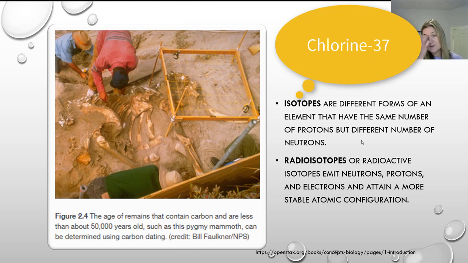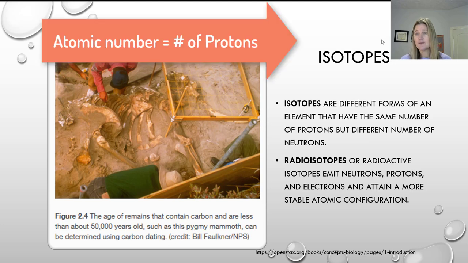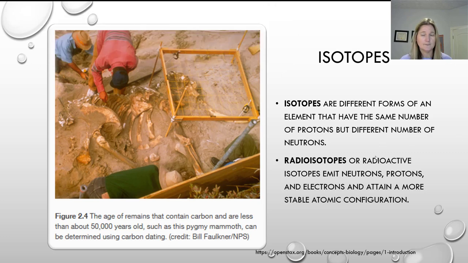So you can see that there's a difference in the number of neutrons, but there's always 17 protons because it's chlorine. Chlorine, its atomic number is 17. It always has 17 protons. So an isotope of chlorine would be anything that has a different number of neutrons. Okay, protons stay the same.